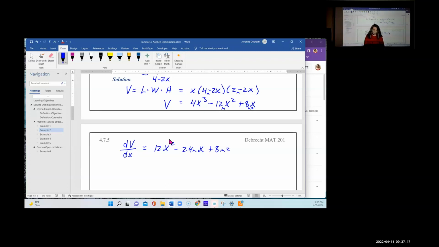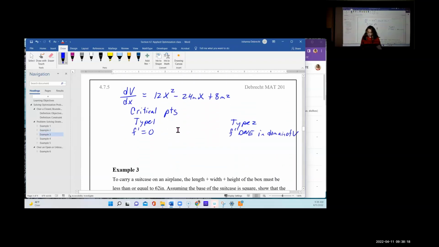So we know that we will have no critical points of type 2, right? So we're looking at critical points. So we have type 1, f prime equal to 0, and we have type 2, f prime does not exist, but it's in the function's domain. All right. So we have none of type 2.